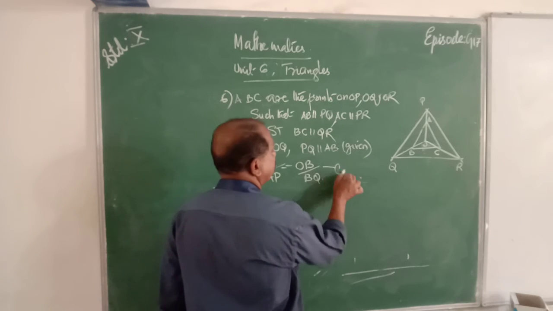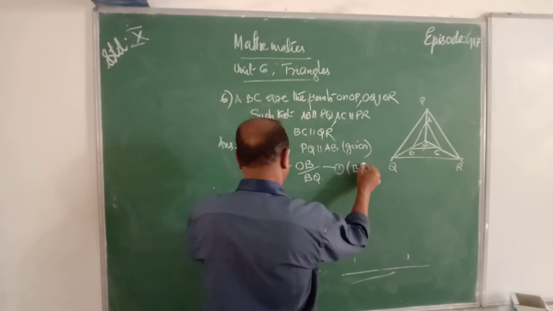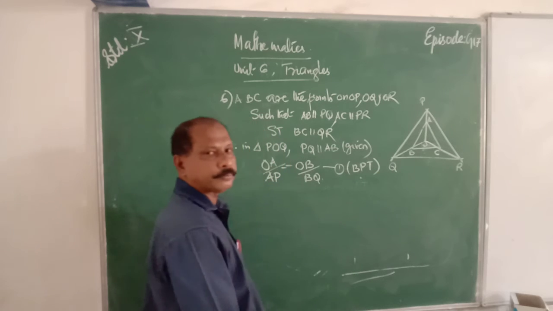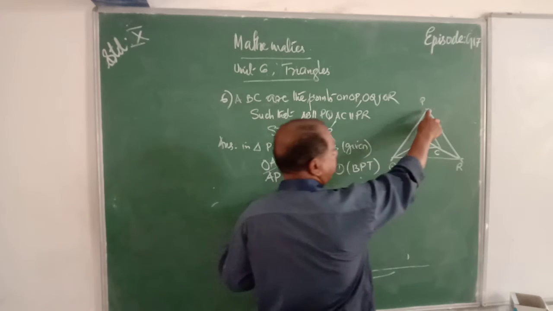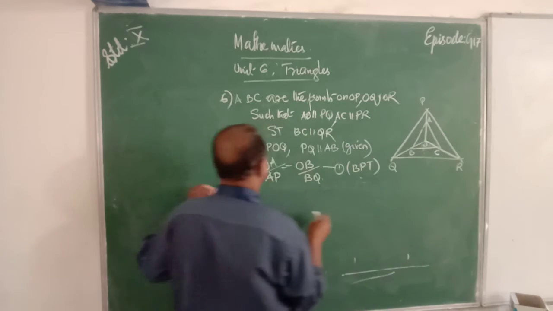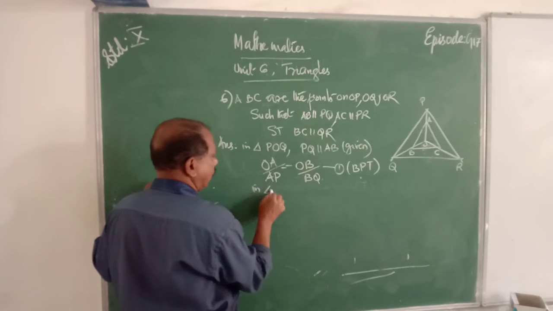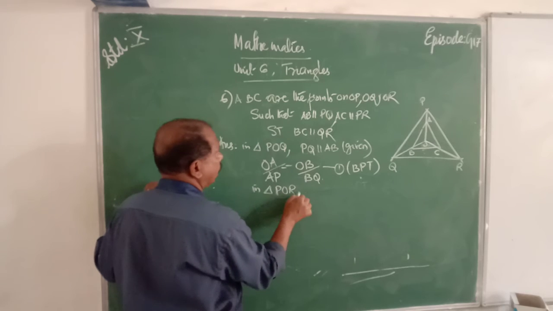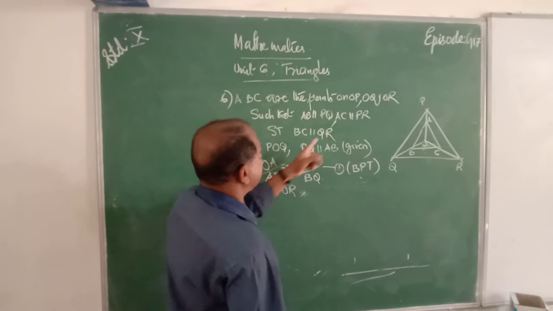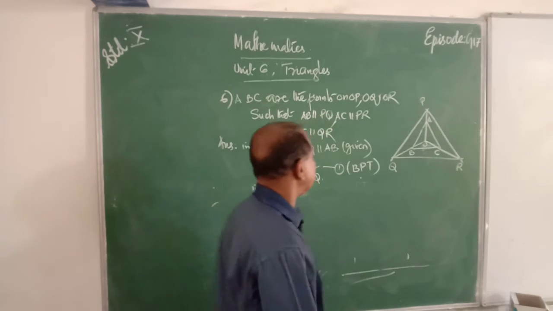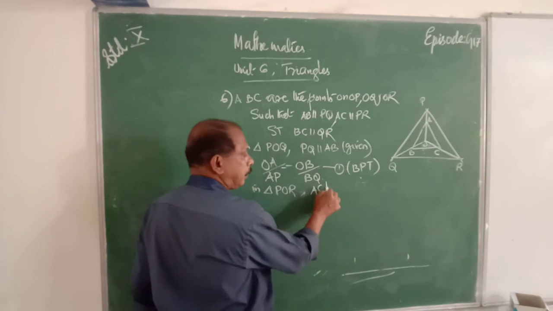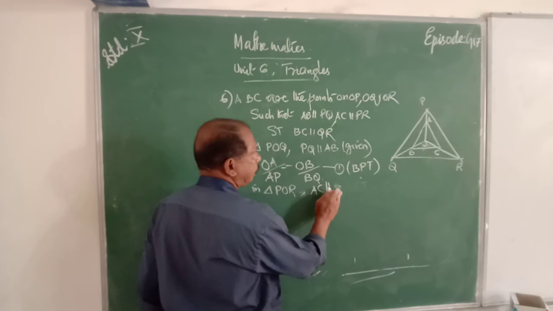Test number 1, basic proportionality theorem. Then in the second triangle POR, given that AC is parallel to PR.